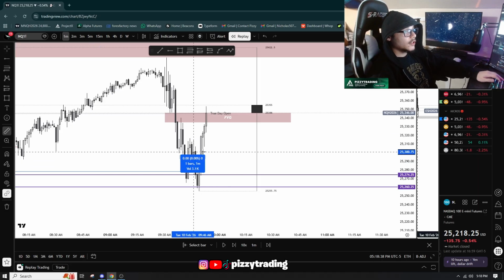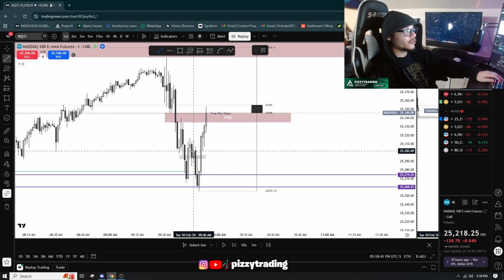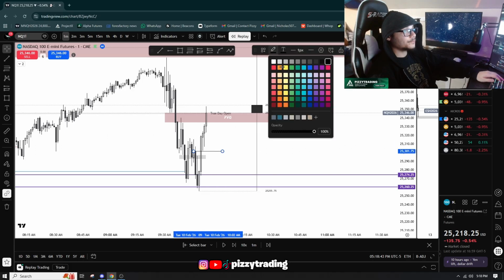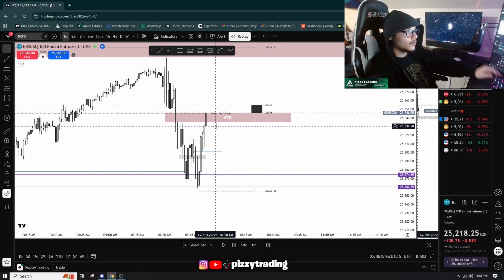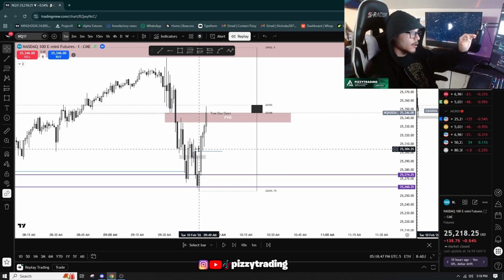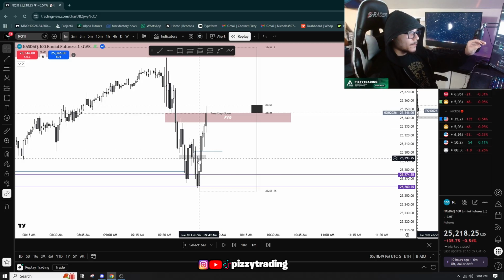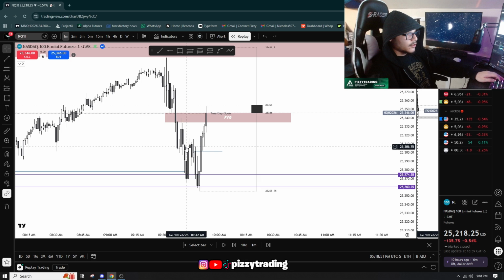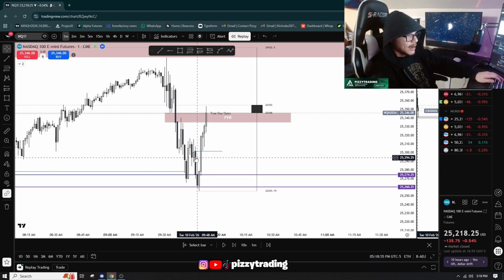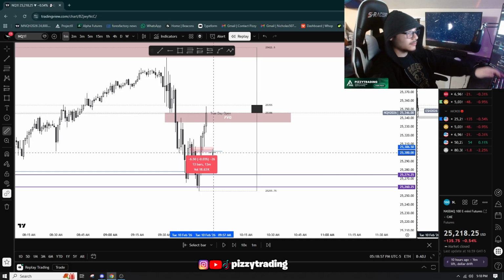What do we see here? We see a change in state and delivery. So I marked that change in state and delivery out. And right here is where we have a 30-second inverse up here. We had a lower 30-second inverse down here, and then had a higher confluence inverse because it was just bigger.